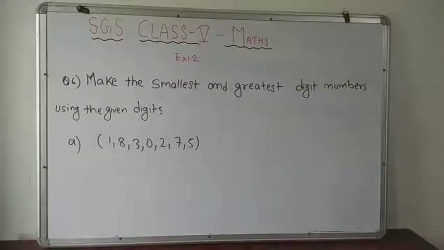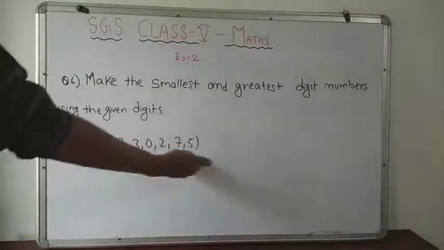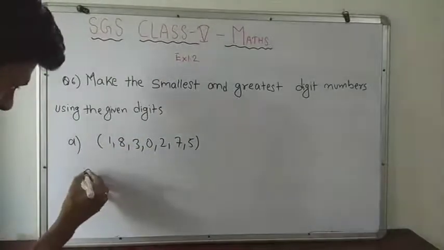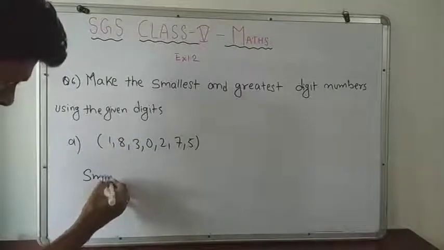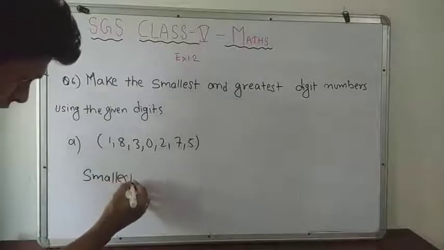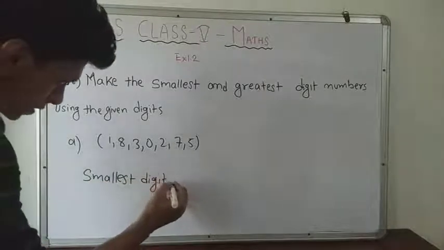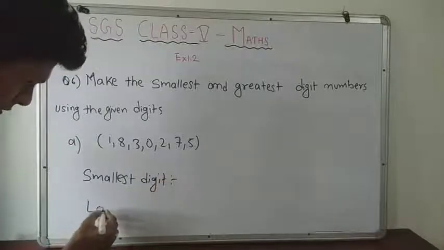Now we are solving the next question: make the smallest and largest number using the following digits. Digits are given, and you have to make the smallest and greatest numbers. It is very easy to form the smallest number.